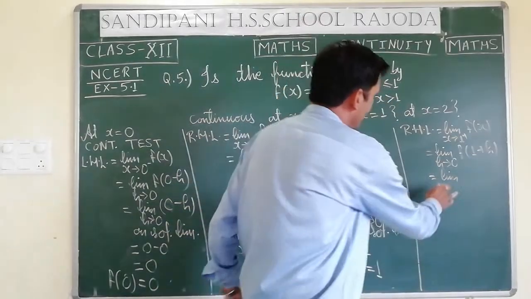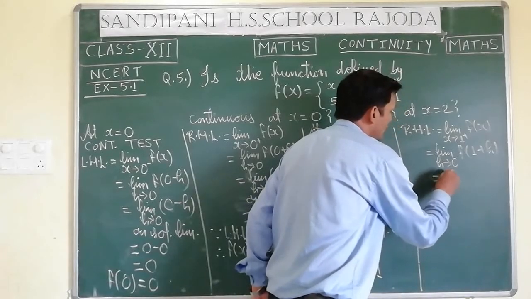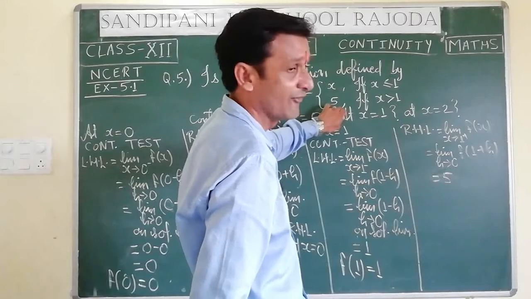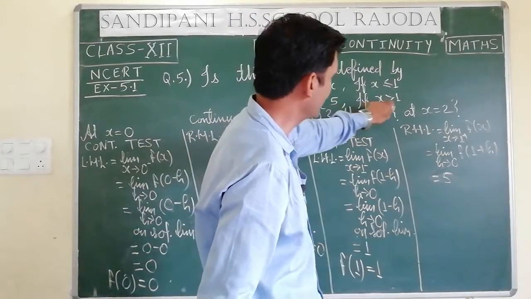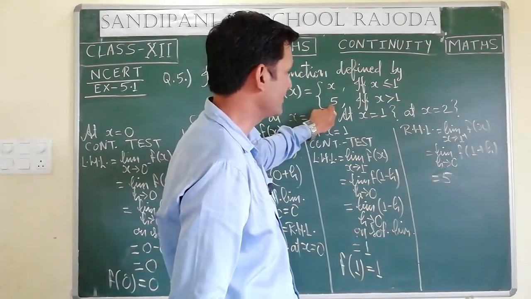For more than 1, directly we may write here 5, because no need to solve limit here. The value is directly given 5. X is not mentioned here. For x is greater than 1. 1 plus means it is greater than 1. That's why it is 5 directly.